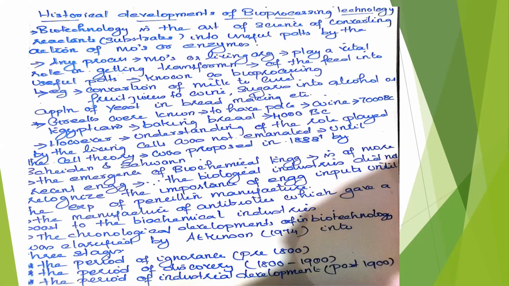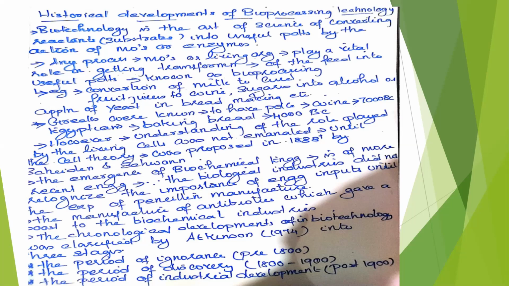Okay, in any process, the microorganisms or living organisms, in particular related to bioprocess or biotechnology, play a vital role in transforming the feed into useful products, known as bioprocessing.